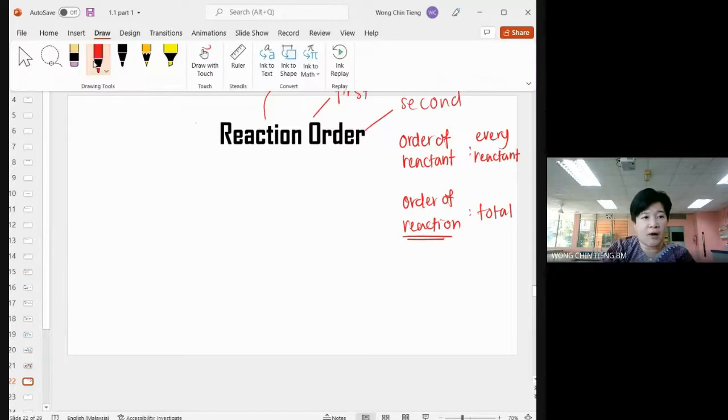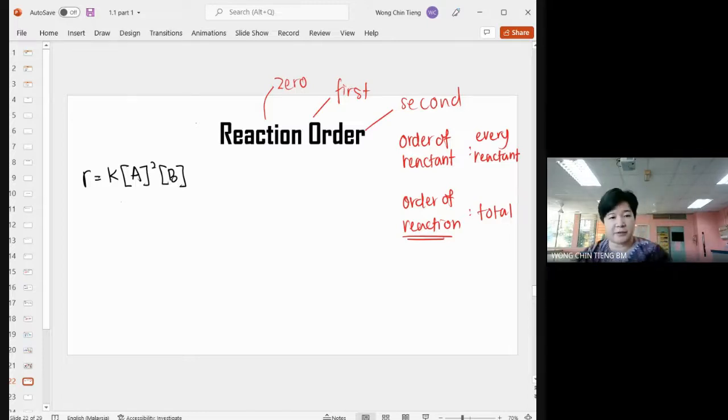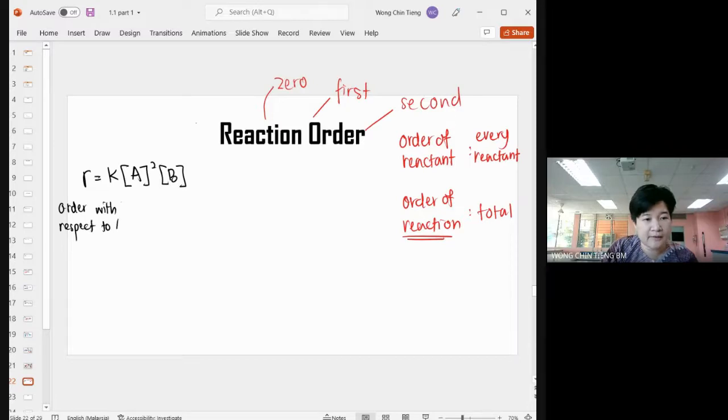So right now, I want to give you one thing. If I have a rate equals to K, let's say balik kepada A to the power of 2, B to the power of 1. Simple, tak ada apa. Very quickly. So, order with respect to A adalah berapa? 2.